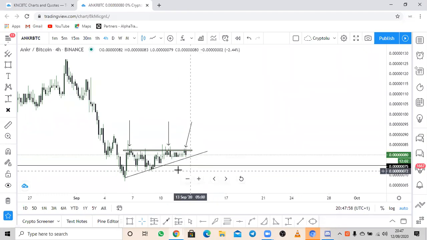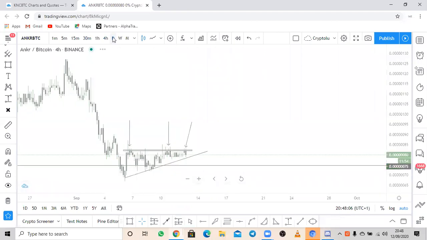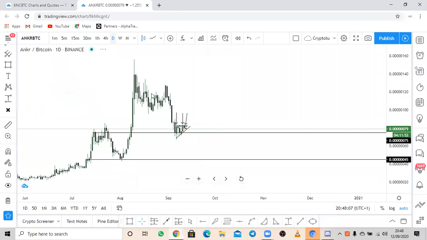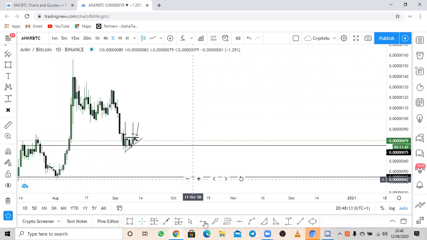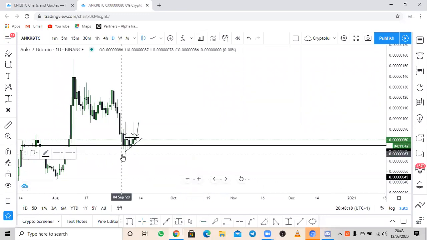From the daily chart, if I was to enter this trade, I'll just carry my stop loss and bring it all the way down here.